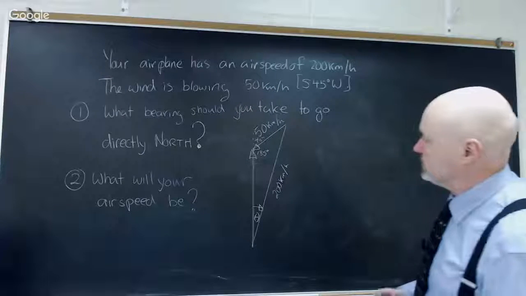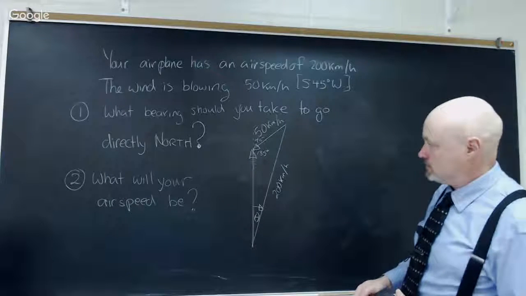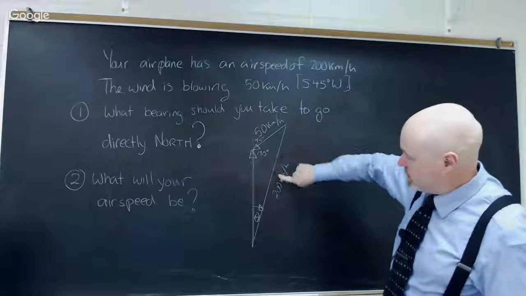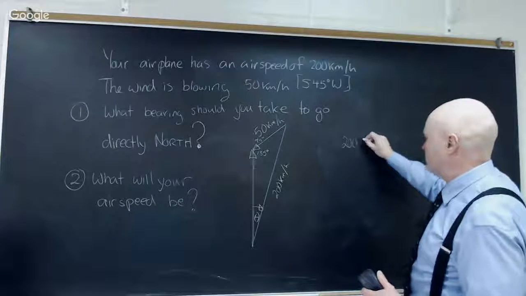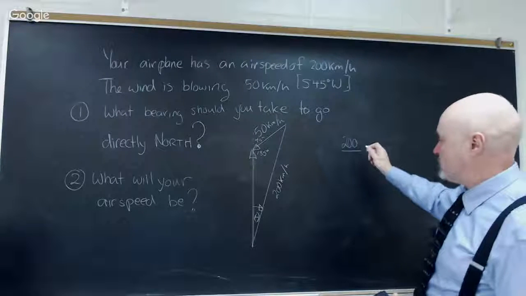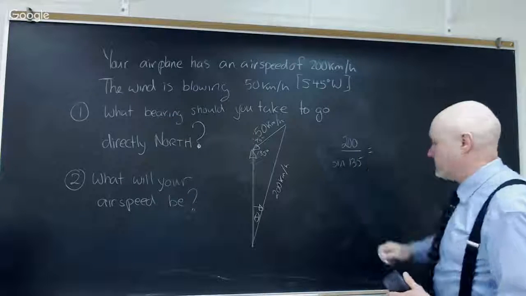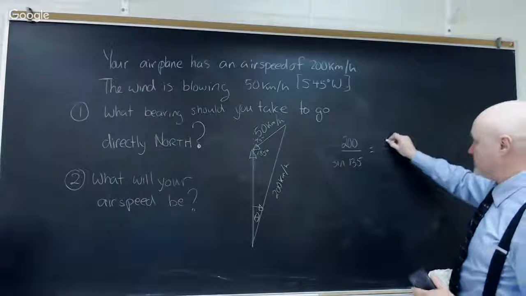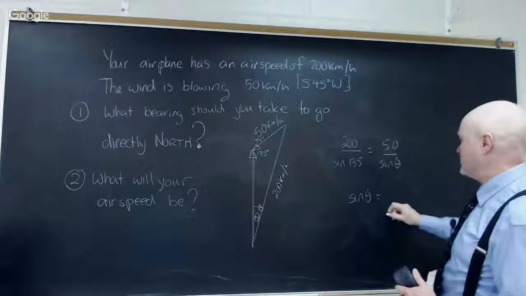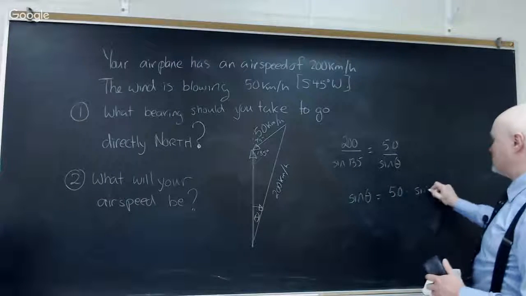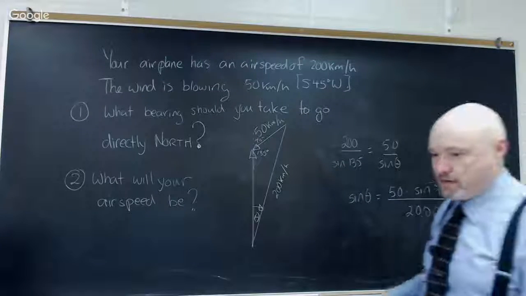Which one does it look like? We know this angle across from 200, and we know this angle across from 50. So 200 over sine 135 is equal to 50 over sine theta.